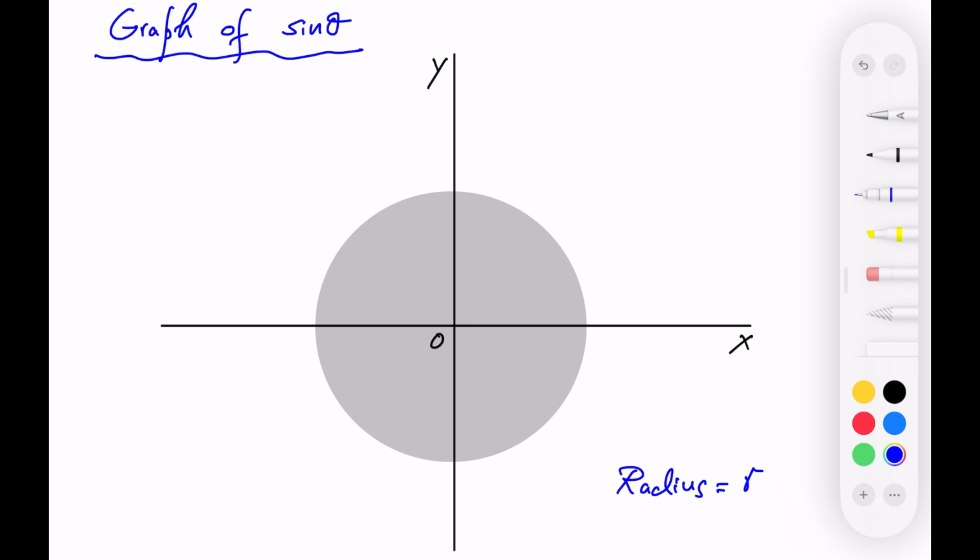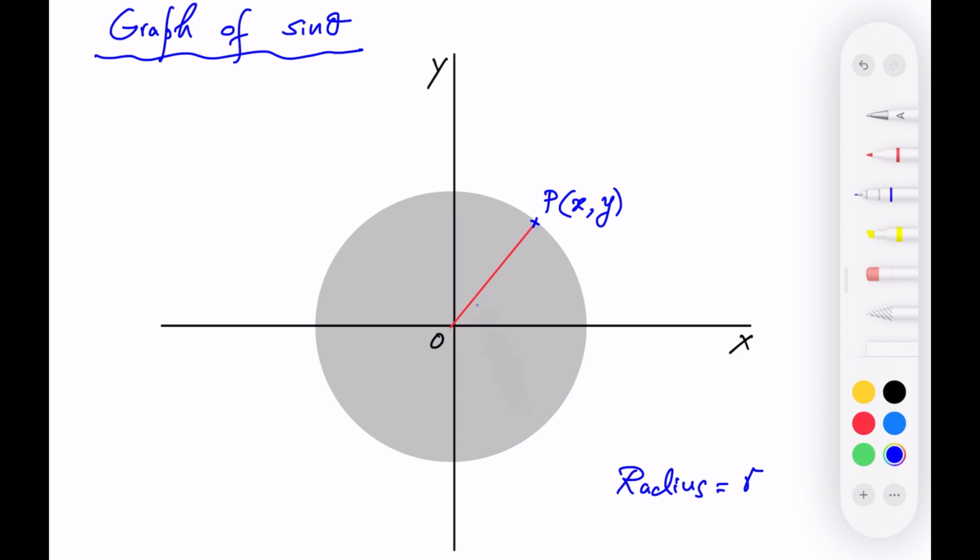Then we wanted a line segment coming from the origin O until its circumference. Let's say this is that line segment. And we labeled this point right here on the circumference as point P, and the coordinates of that point were labeled as lowercase x and lowercase y.